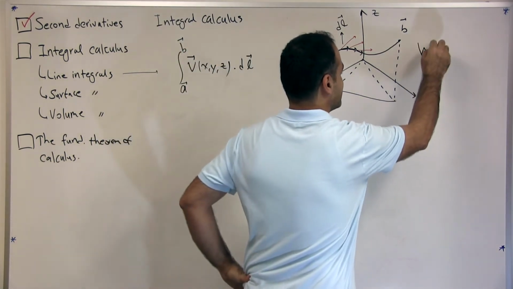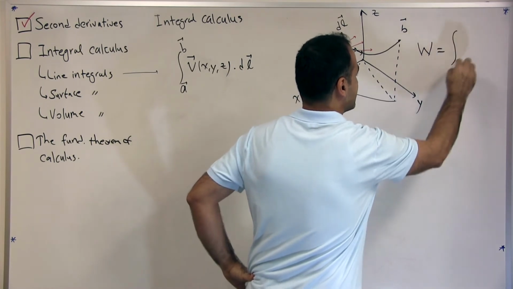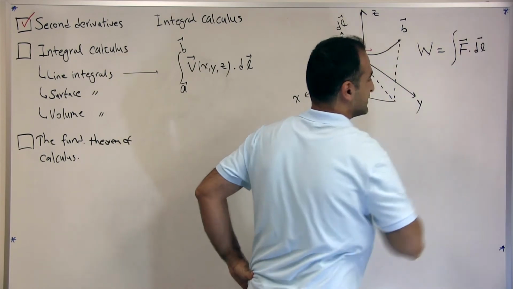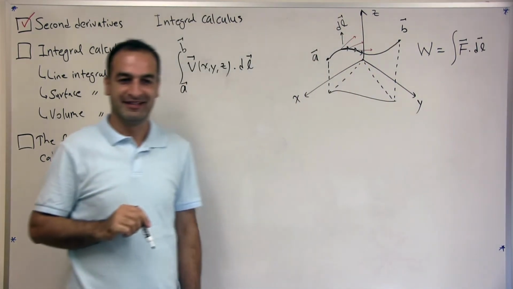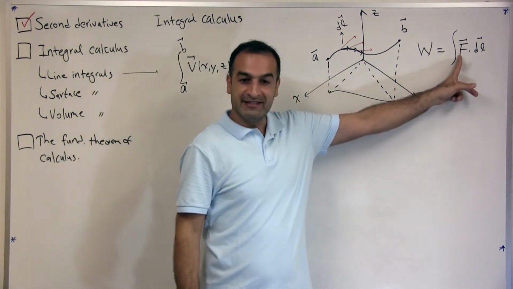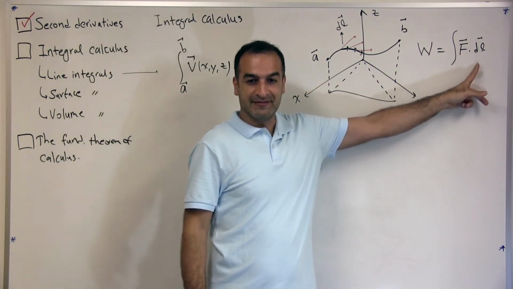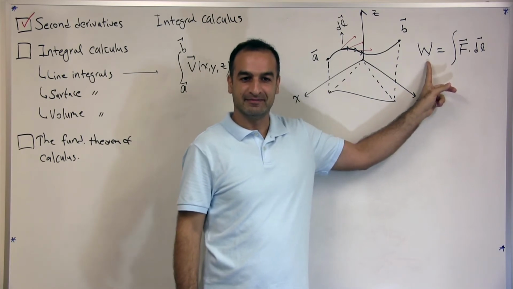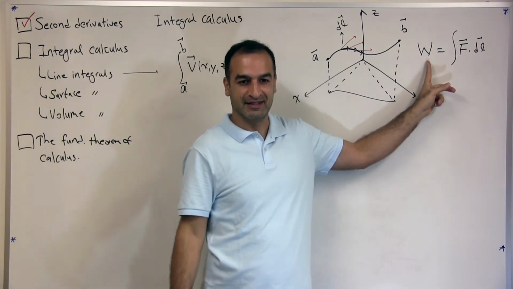Work in physics is the integral of force times displacement. This is the basic definition of work. Force is a vector field, displacement is a vector. The work, is it a scalar or a vector? It's a scalar, right?